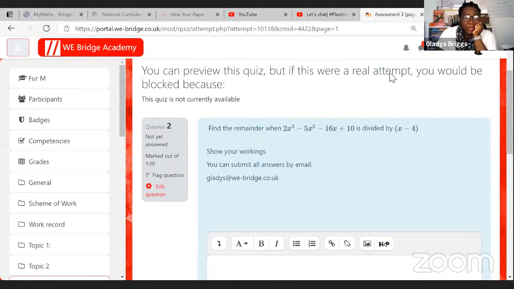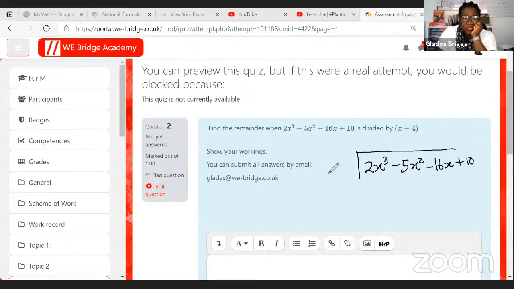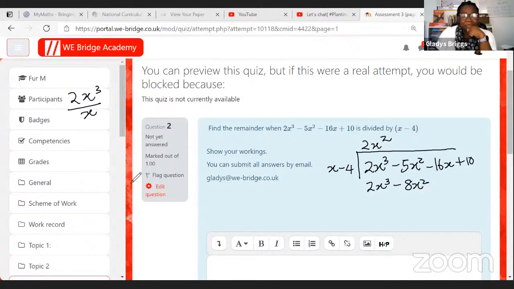So let's have a look at this one. 2x cubed minus 5x squared minus 16x plus 10 divided by x minus 4. So 2x cubed divided by 1x is going to leave us with 2x squared. 2x squared times x is 2x cubed. 2x squared times negative 4 is minus 8x squared.